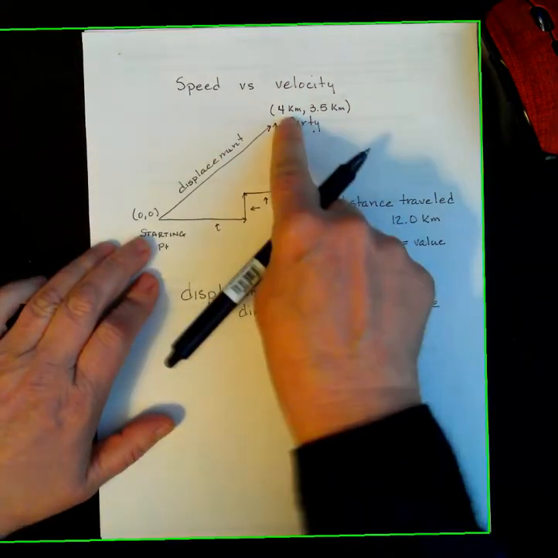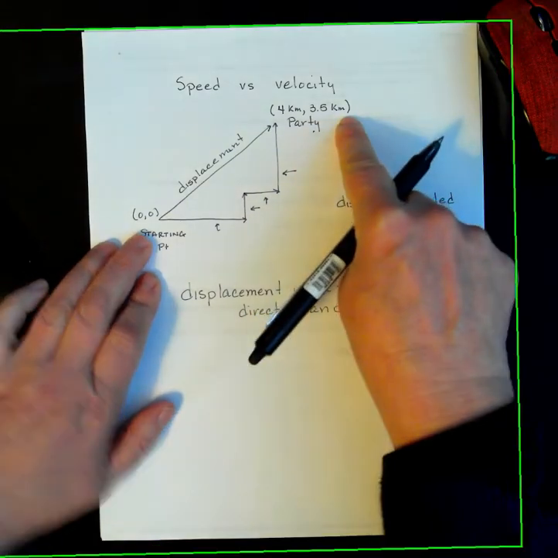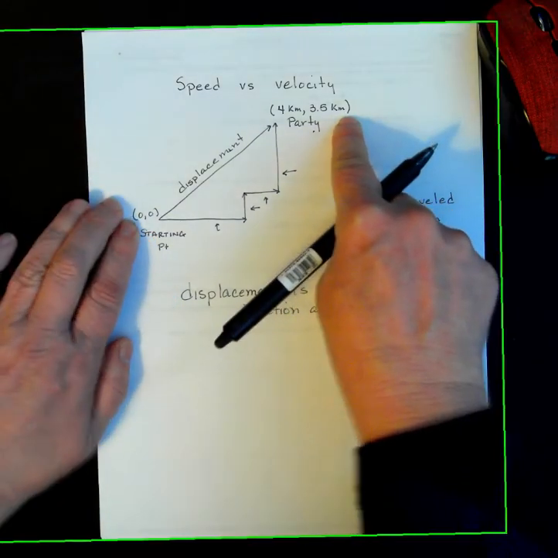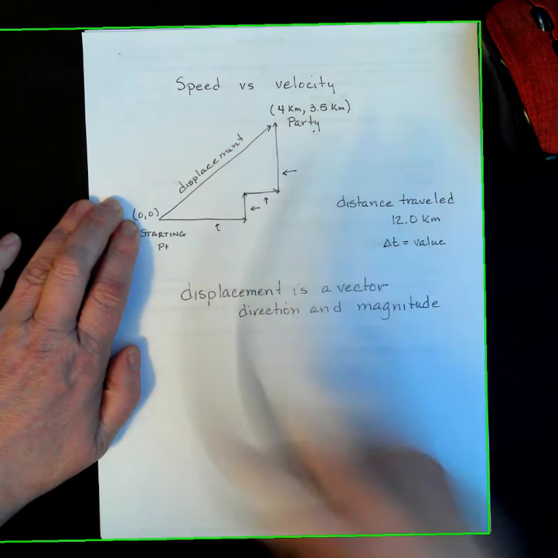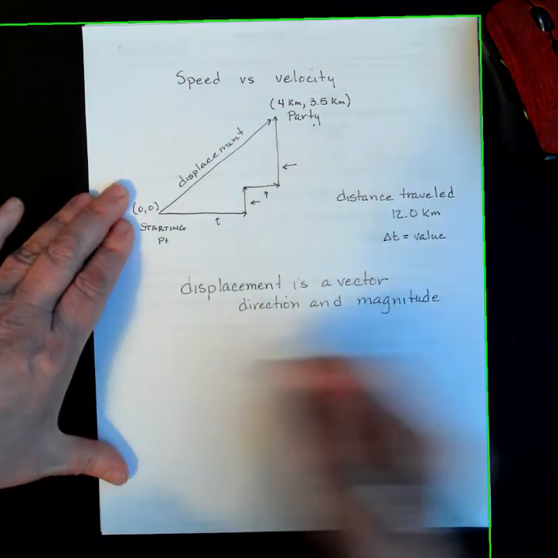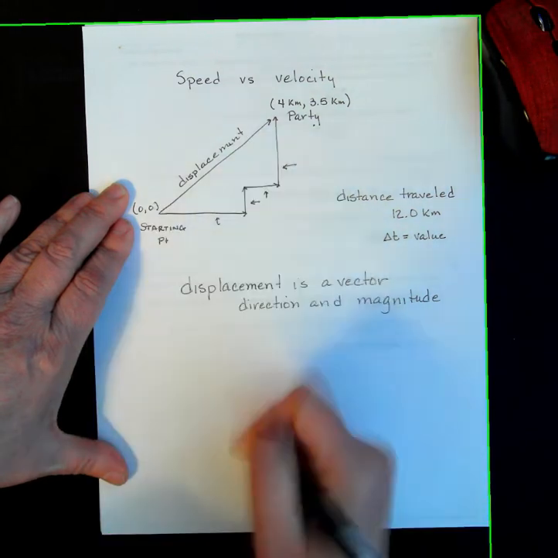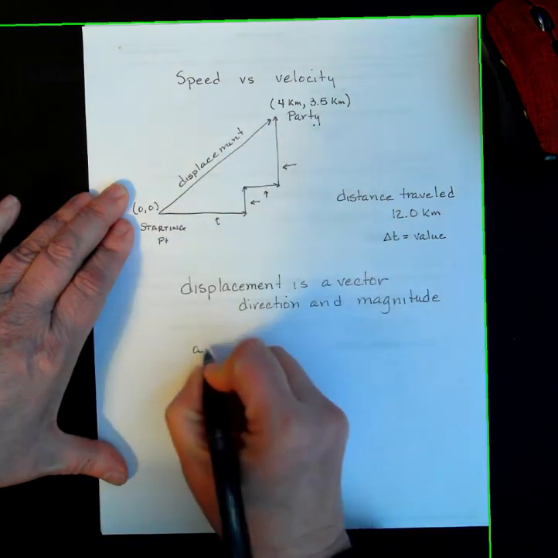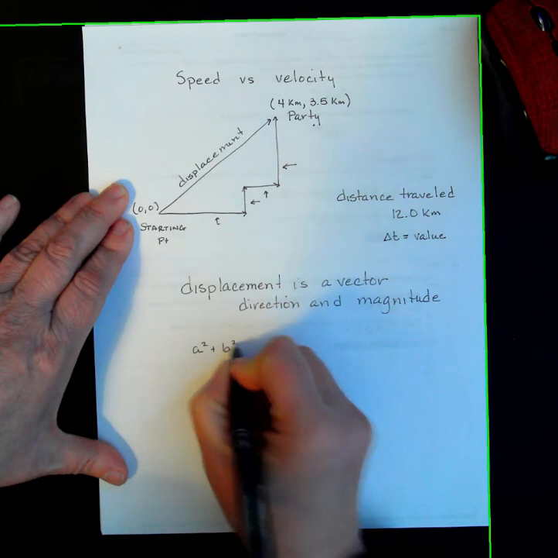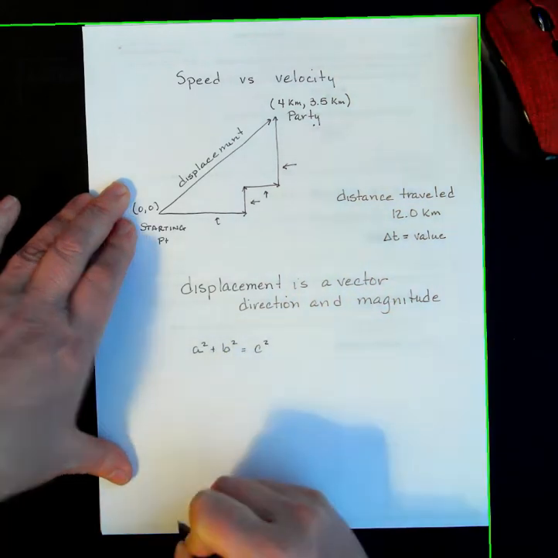Now, if I've been given the end coordinates of our system and the beginning coordinates of our system, we can determine that displacement. So if this is our triangle here, we know that a squared plus b squared is equal to c squared.